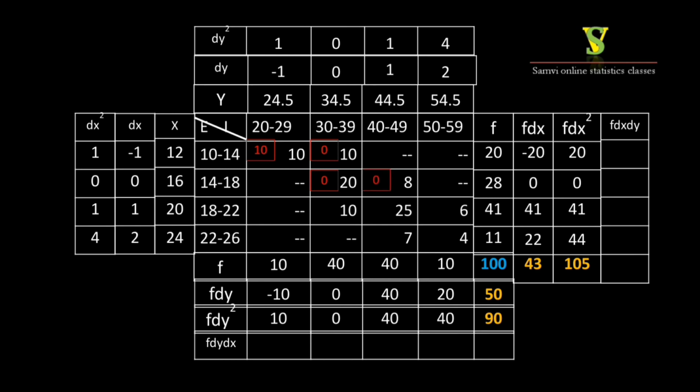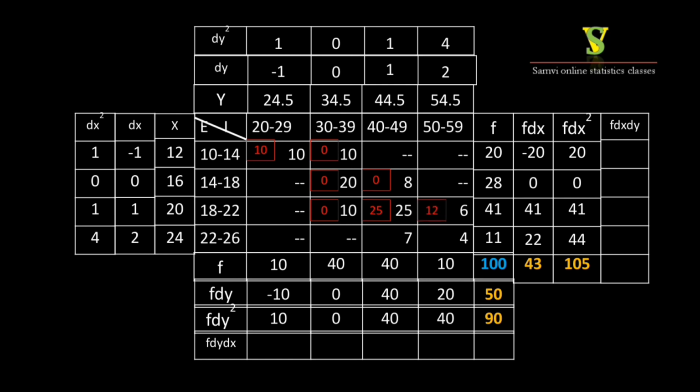Next is 10 into 1, that is 10. 10 into 0 is 0. Next is 25 into 1, that is 25. Next is 6 into 1, that is 6. 6 into 2, that is 12. You have to write here 12.